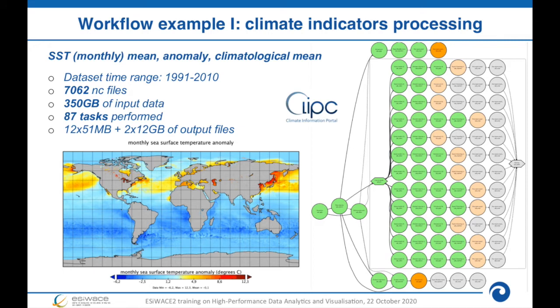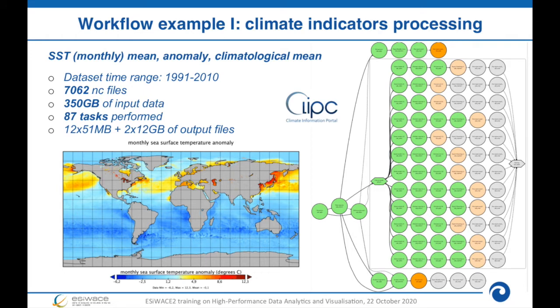This was done on a dataset of surface temperature from ESA. It consists of a file for each day. So basically, there were a total of 7,000 files for this 30-year period, and it was a total of about 350 gigabytes.